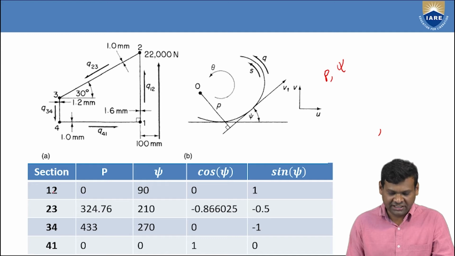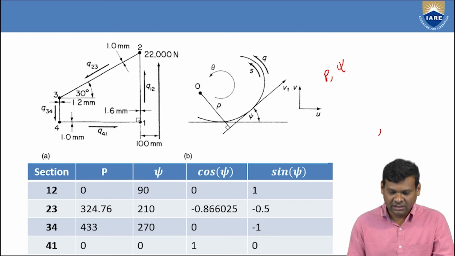For section 1, 2, we are taking 1 as the origin, and p is coinciding along q12, so we can say that p is 0.